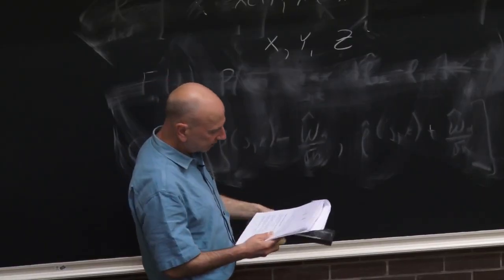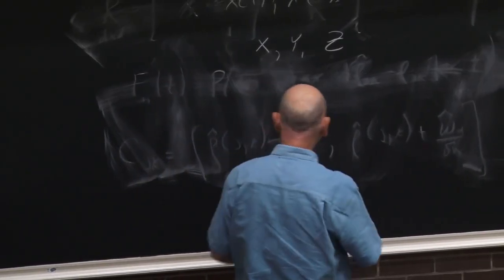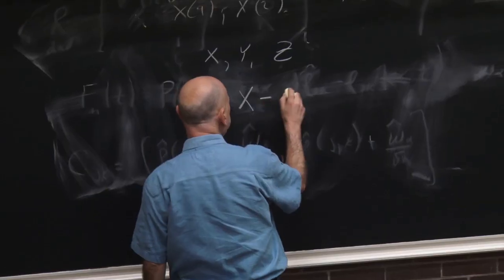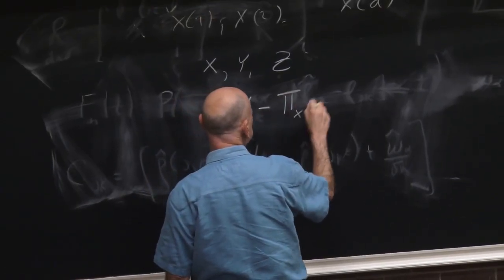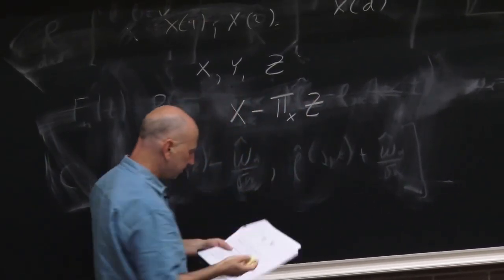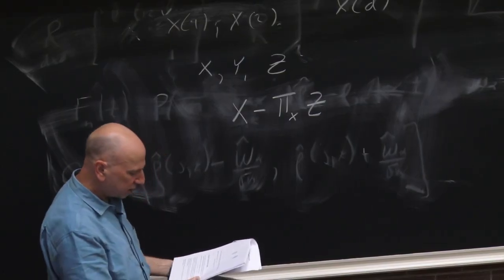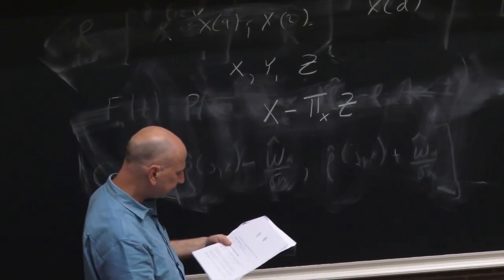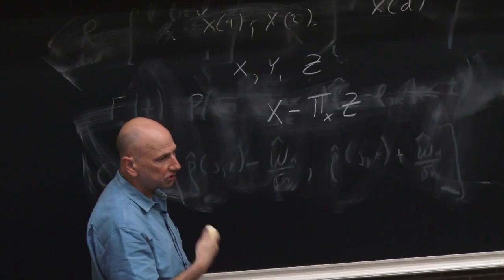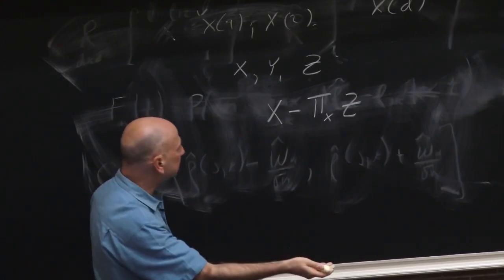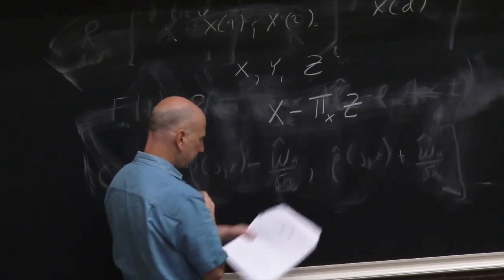Technically, what we do is we take x and take its projection onto z, which I'll define for you in a minute. So I'm taking x and removing as much of z as possible. I'm projecting it out.